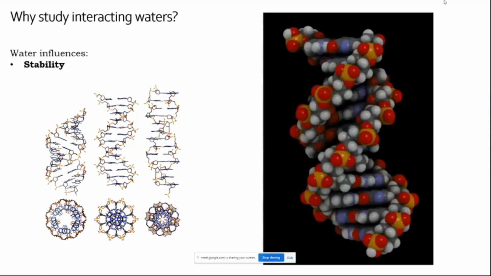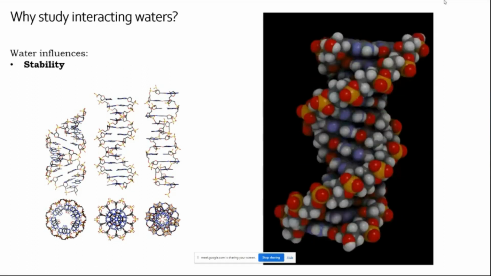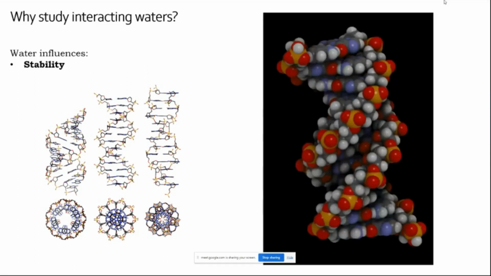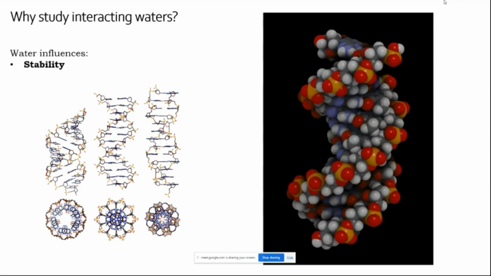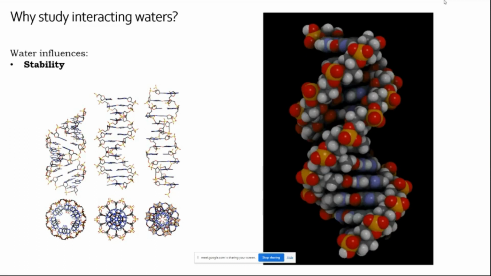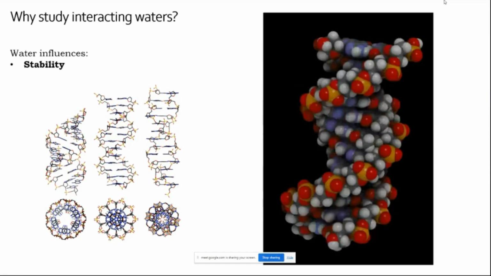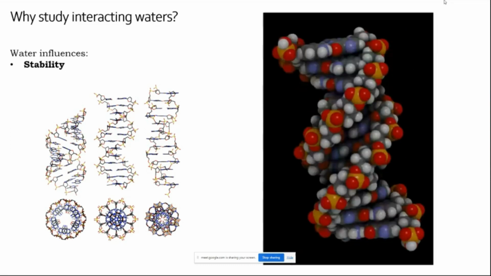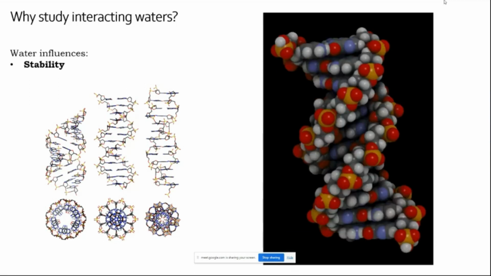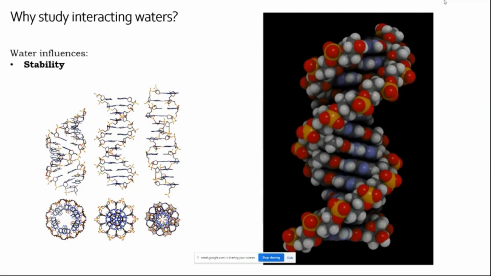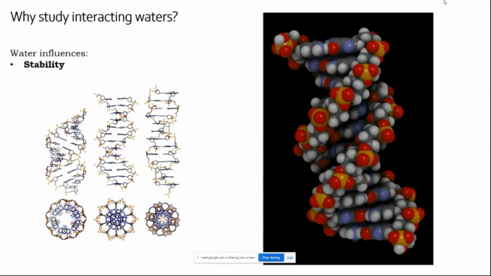There are several reasons why one would like to study the waters that actually interact with biomolecules. Firstly, the stability. You see that there are three different forms of DNA, which is the blueprint for all living beings. It is also very well known that hydration, basically water, can play a role in changing the conformation.